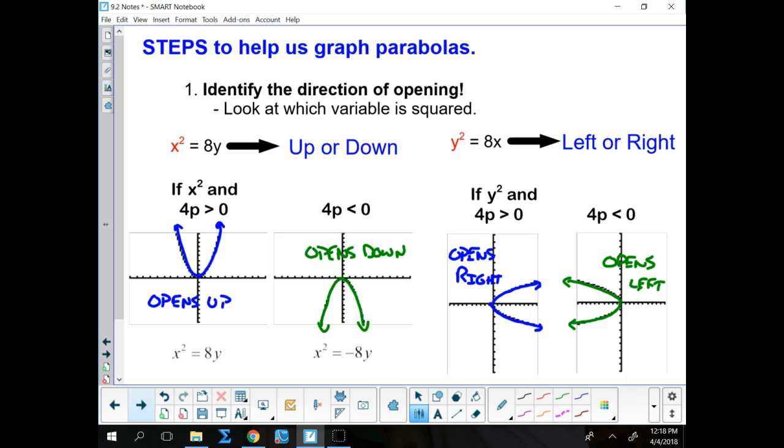If it's an x squared equation, your parabola is going to open up or down. If it is a y squared equation, your parabola is going to open left or right.